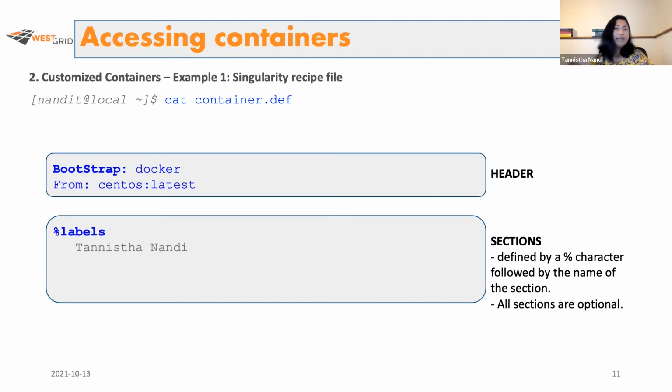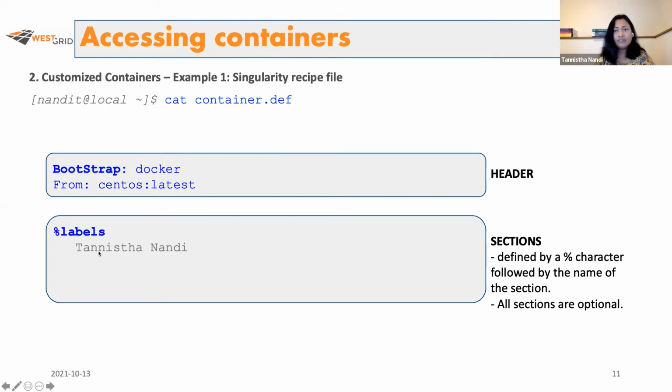And just keep in mind that all sections in a recipe file are optional. So the first section here is labels. It's kind of the metadata. In this case, I have just put in a creator tag saying that it's a container created by Tanishta Nandi, right?